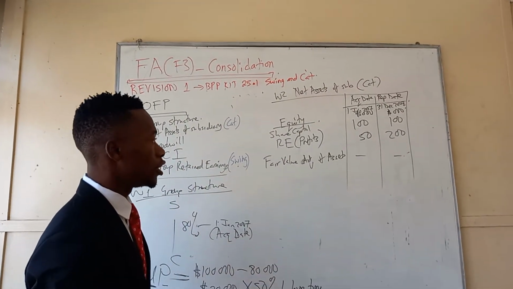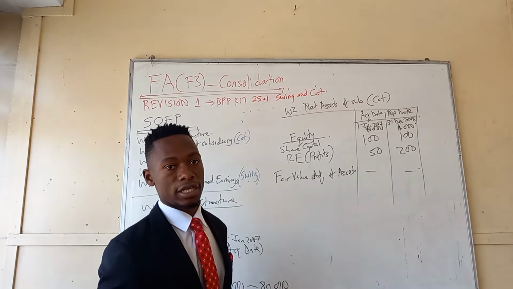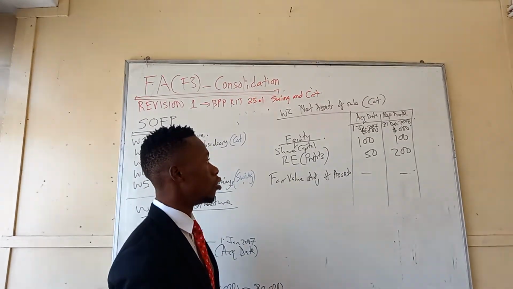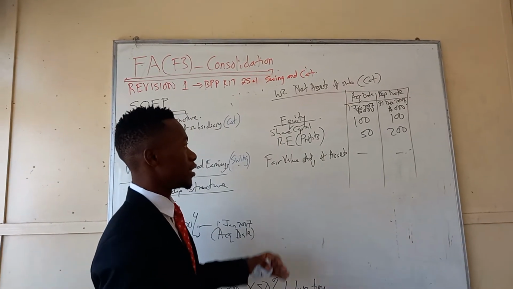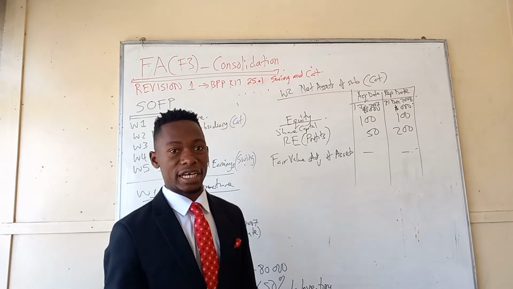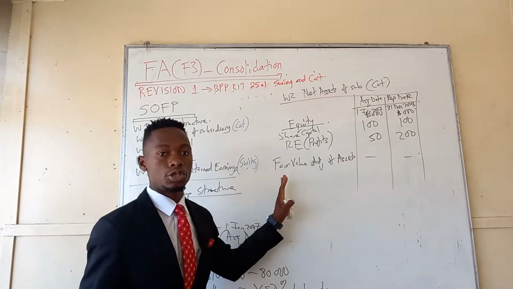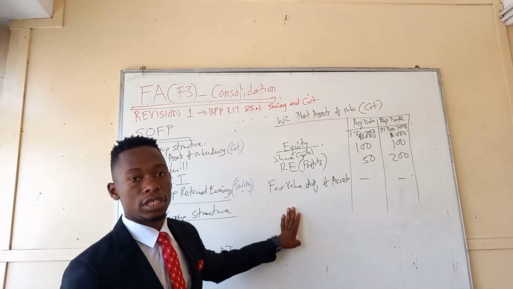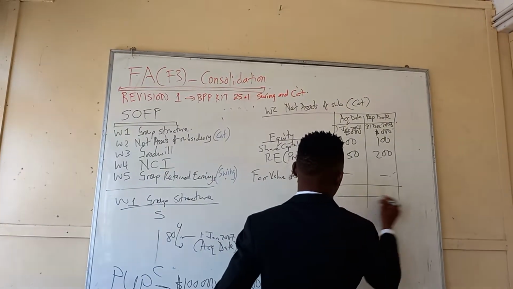Because what we are doing, we are giving a value to the company that was acquired. We need to know, yes, you acquired Keta, but what was the value of the company when you acquired that company? That's what you want to know. And of course, we are not going to deduct PAP here because it is not the subsidiary who sold the goods.